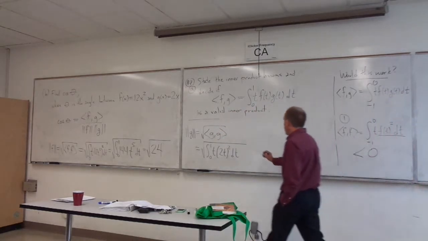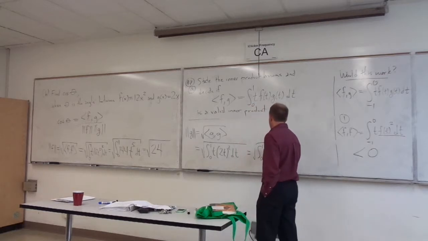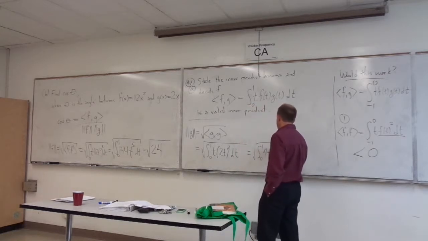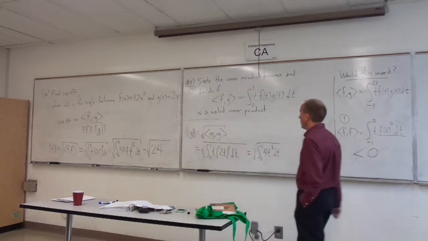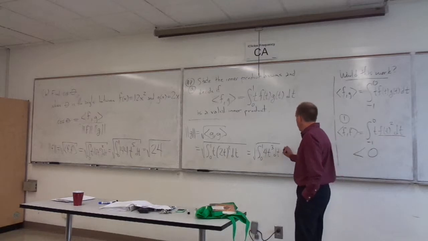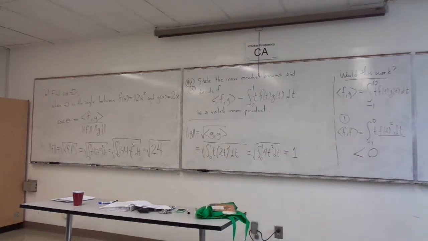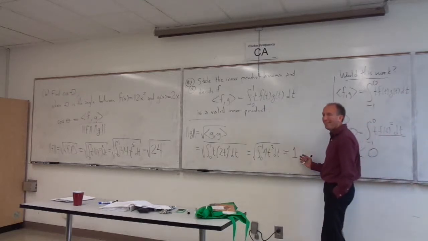And so now I'm integrating from 0 to 1 of 4t cubed, I believe. Which is going to actually just give me 1, right? T to the 4th, the value from 0 to 1 is just 1, and the square root of 1 is 1. What do we call a vector that has a length of 1?